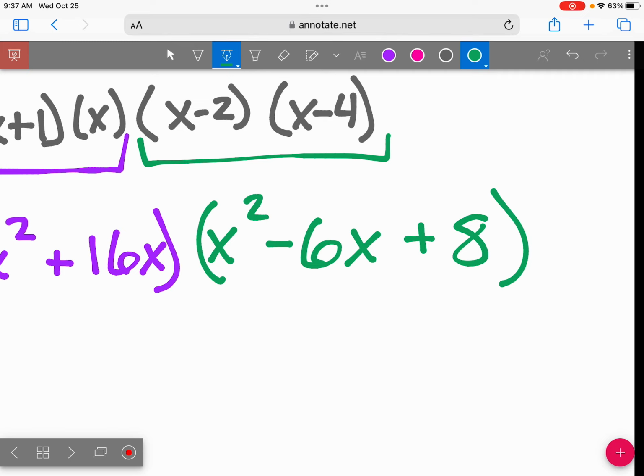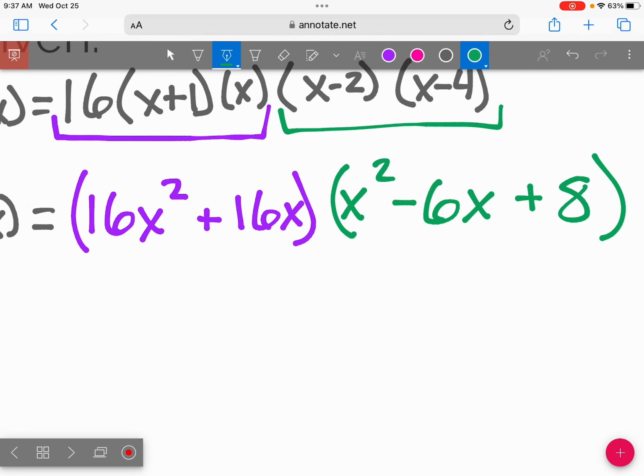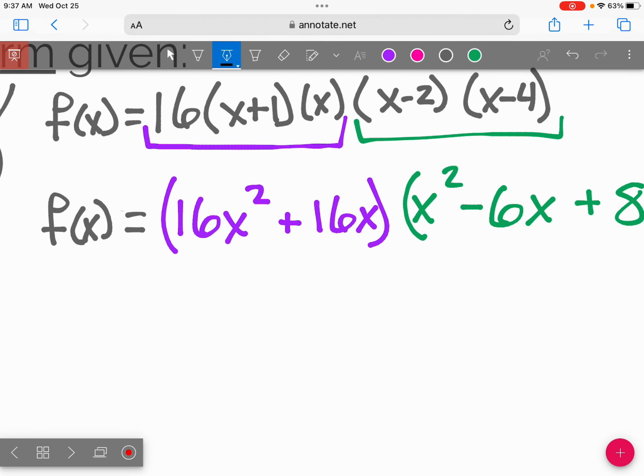And again, we have a binomial times trinomial multiplication here. So we're going to distribute the heck out of this. f of x is 16x to the 4th.